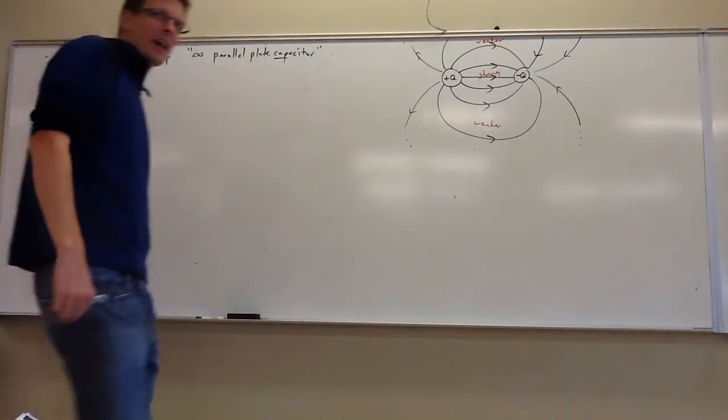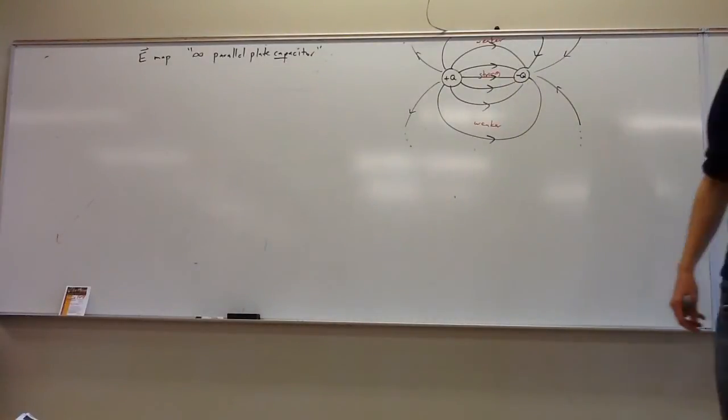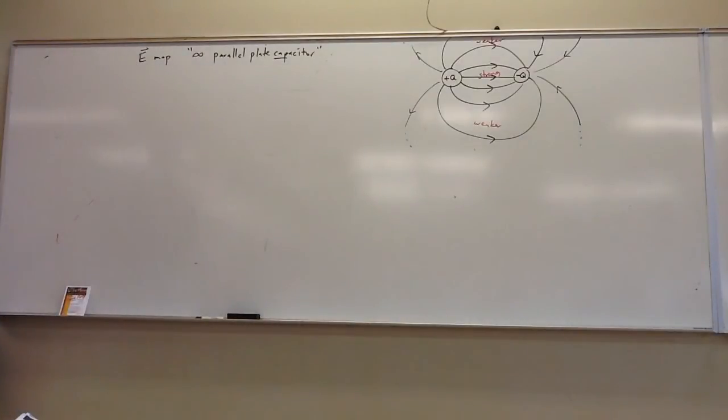Now the fact that it has a name kind of gives us a preview of what we'll be doing around homework 4. It's actually an electronics component. But for right now, we're not interested in its functional ability in an electronic circuit. We're interested in it as just a configuration of charge.